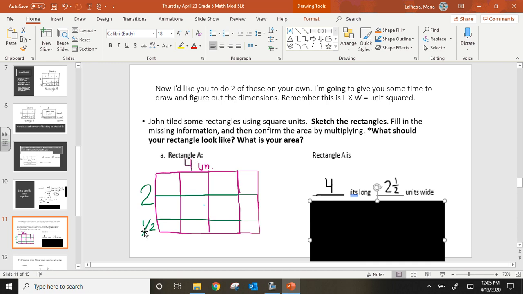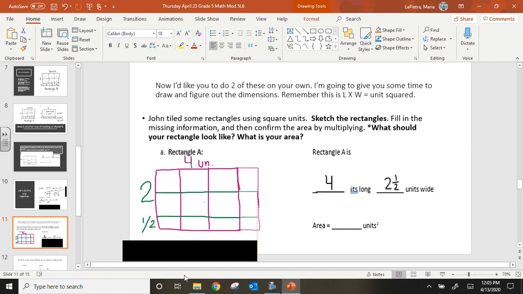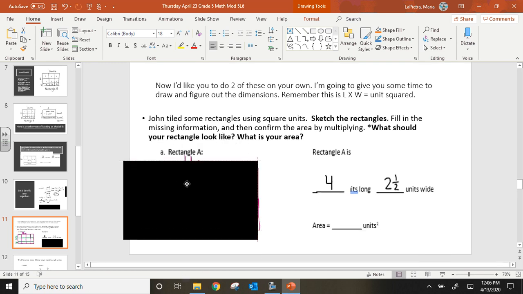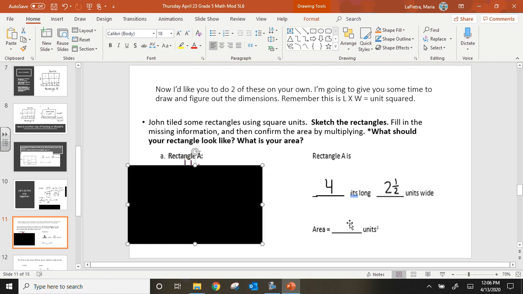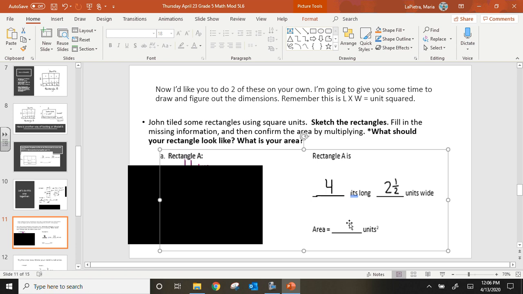And then you'd have to say a half times 4. A half is 1 whole, and a half is 2. What should your answer be? Eight plus 2 is 10. 10 units squared.